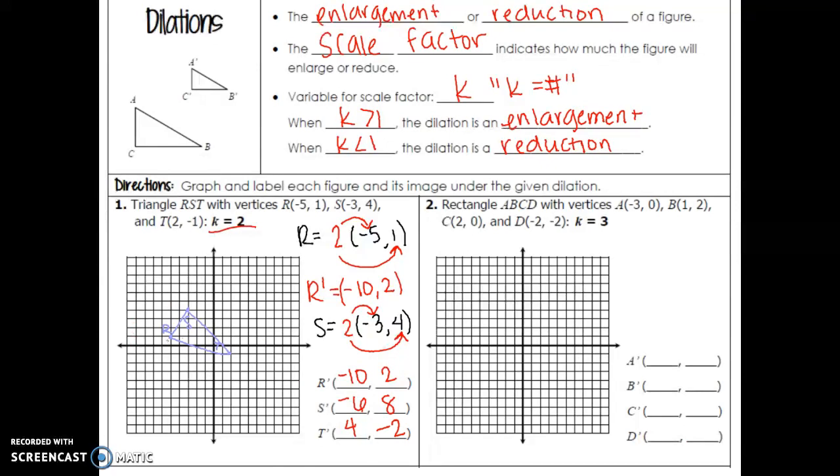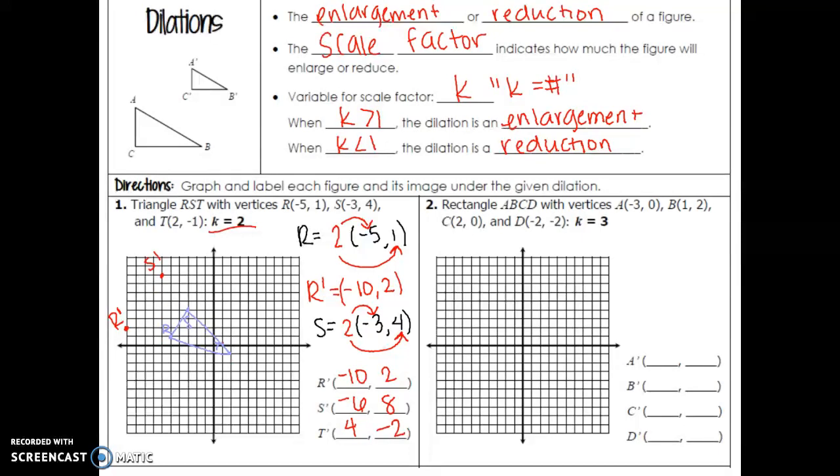Let's go ahead and plot those. So we have -10, 2 for R prime. S prime is -6, 8. So I think that's -6: 1, 2, 3, 4, 5, 6. And then we go up 8. Somewhere around here.